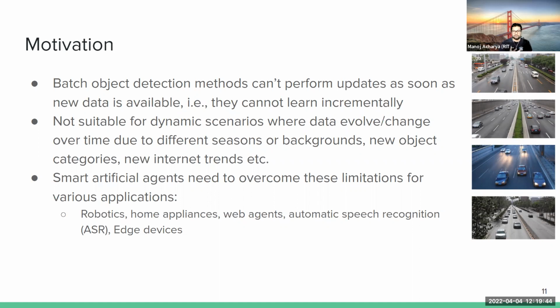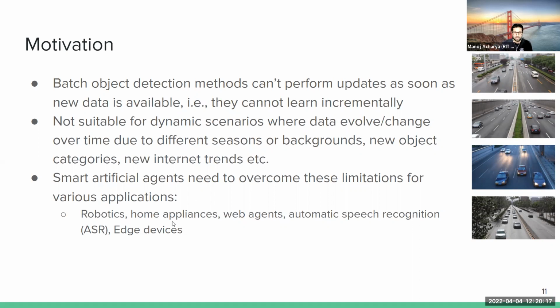And this could happen because of just seasons changing, or backgrounds changing, new object categories appearing over time, talking about internet trends, they always change. And so there are various reasons for this change, right? But today's artificial agents need the ability to overcome these limitations and really incorporate those changes during their training.